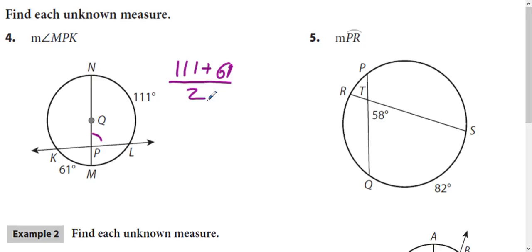So 111 plus 61 is 172, divided by 2 is 86. So the angle right here, MPK, is 86 degrees.